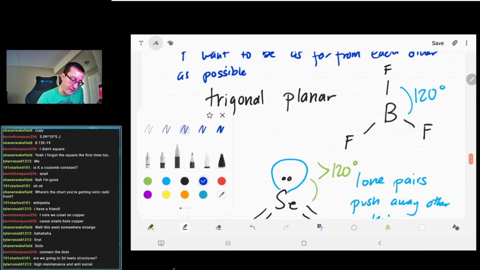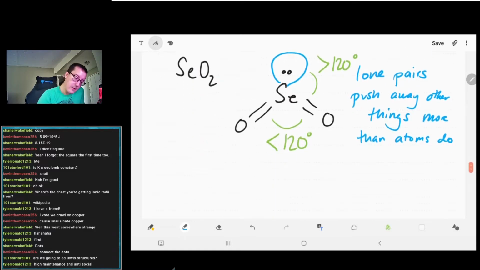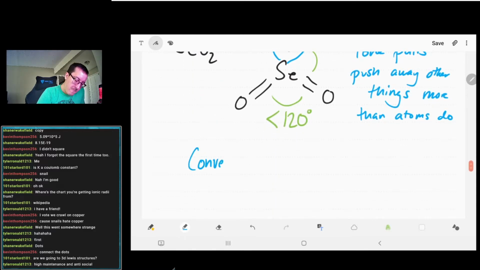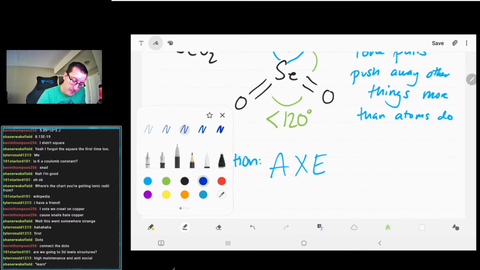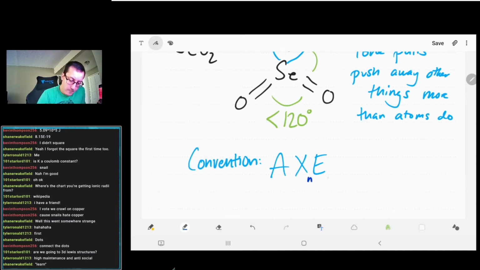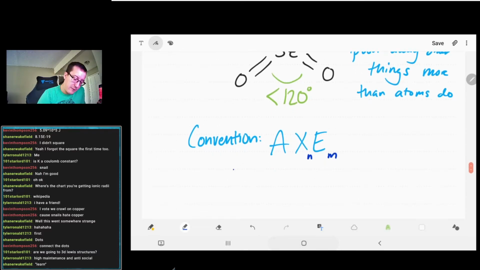We're going to have a convention as well to describe all of these molecules in an easy way, which is called AXE notation. So A refers to your central atom. For this class, that's always 1, so we're not going to ever put a subscript with that.